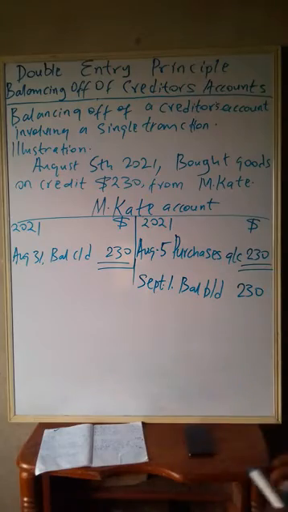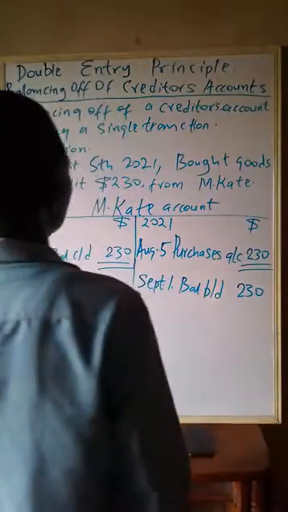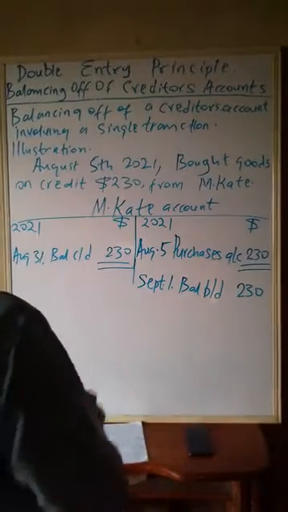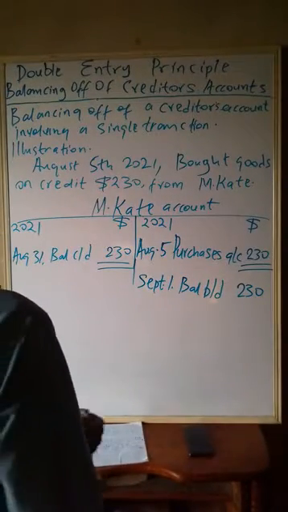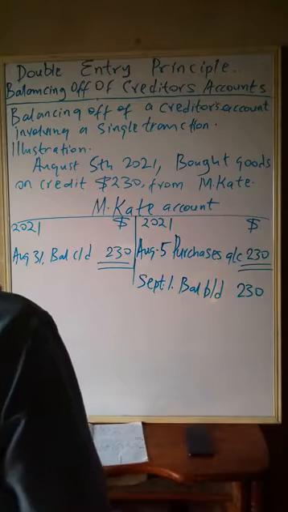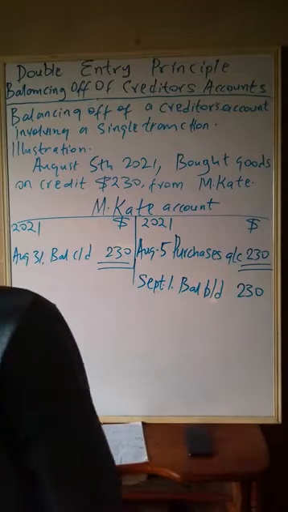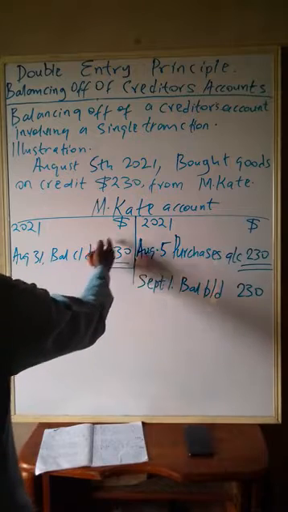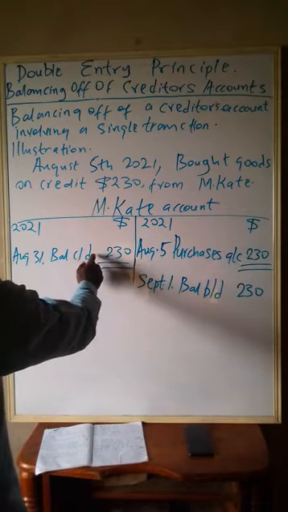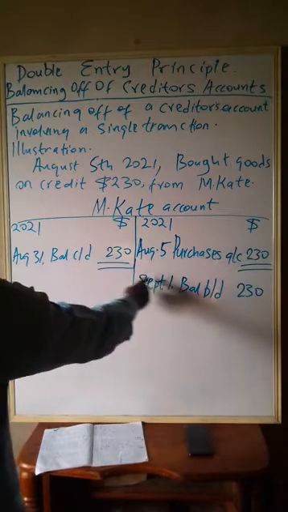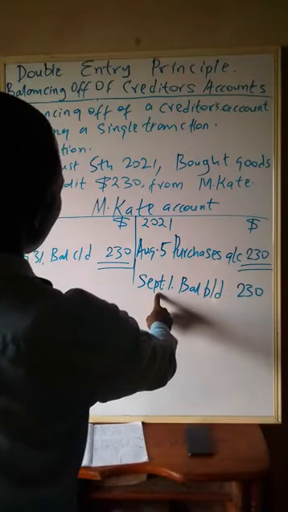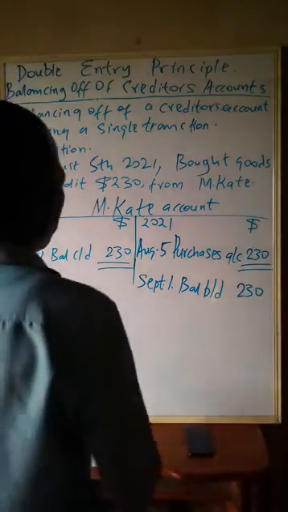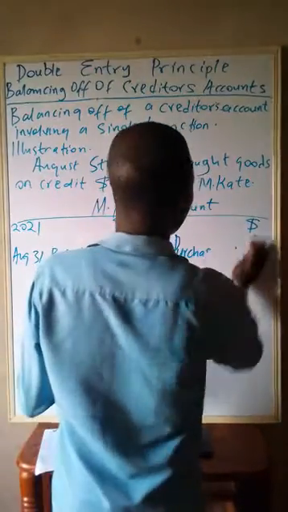So I rub off to present balancing of a creditor's account involving more than a single transaction when the company is not owing the supplier. In this case, the company is owing the supplier. At the end of the period, the company has not paid, and this is the balance. And the balance is brought down to the next period. And what is the next period? September.